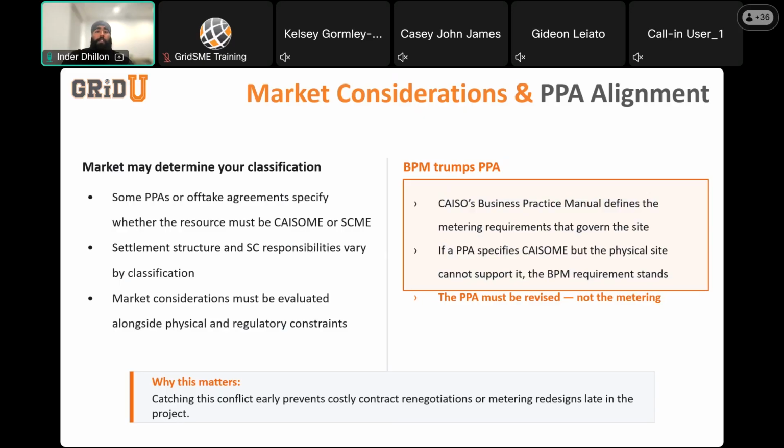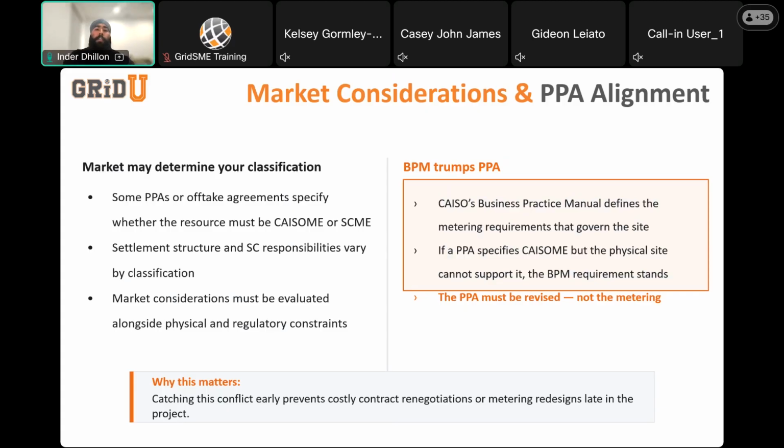So now I want to spend a moment on something that trips up a lot of projects: the relationship between your market obligation, your PPA, and your meter classifications. Some PPAs or off-taker agreements specify whether the resource must be ISOME or SCME.